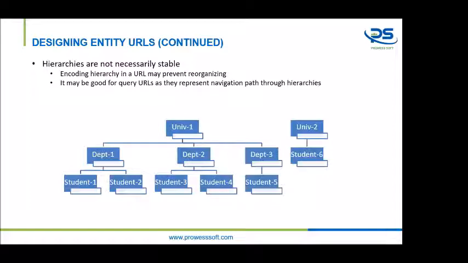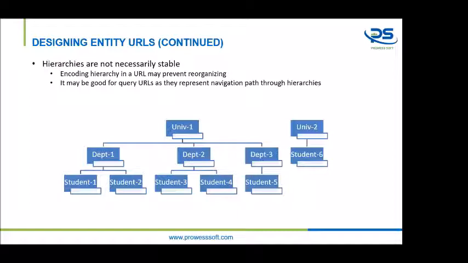If you look at the one on the right, university 2, with student 6 as part of that university, if you design this well, it's actually the other way. With the student ID, you can get the department as well, because all you need here is the student ID.